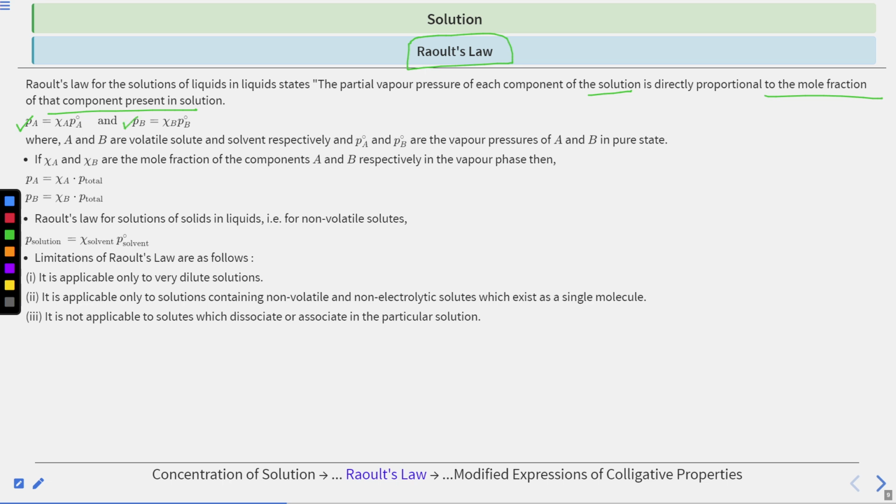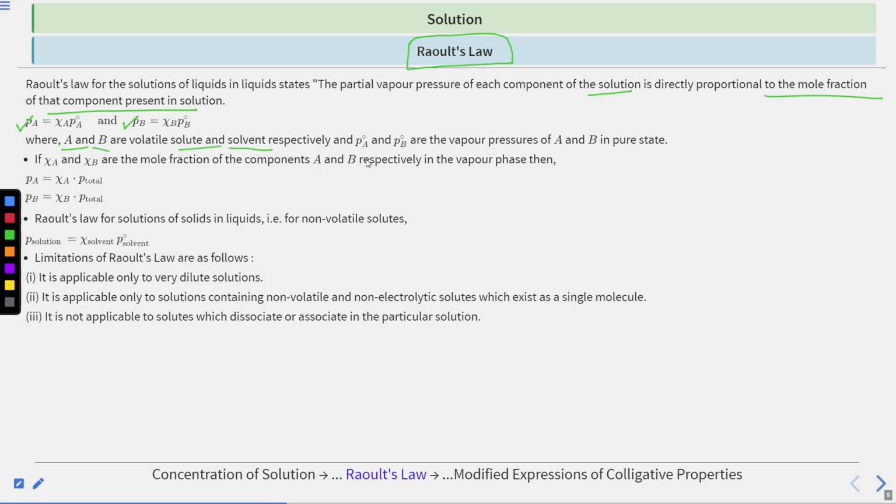And for the B component also, we can say that the vapor pressure for the B component is equal to the multiple of mole fraction of B component and the partial vapor pressure of B component. And A and B are volatile solute and solvent respectively.